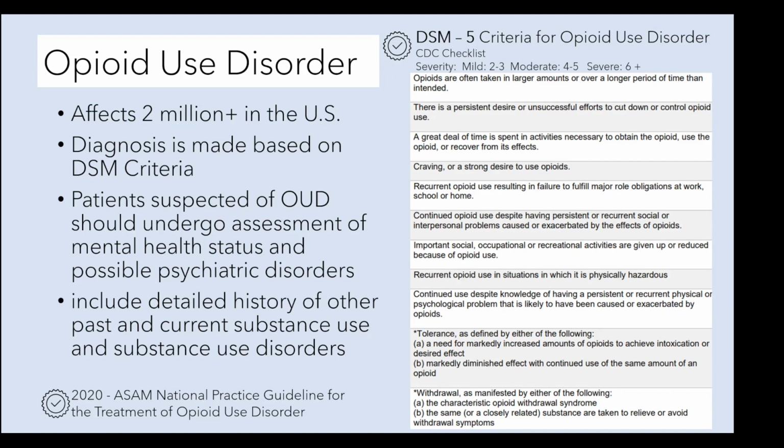When assessing for opioid use disorder, you should include a detailed history of past and present substance use and substance use disorders. A lot of what I've drawn on in the next few slides is from the 2020 ASAM National Practice Guideline for the treatment of opioid use disorder. So I linked that as well to the toolkit.